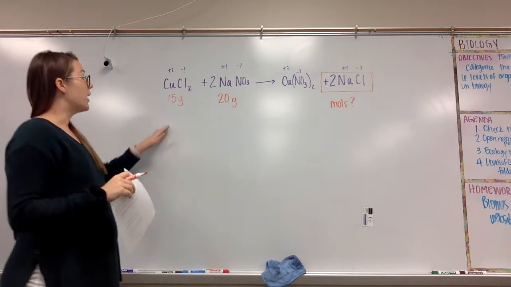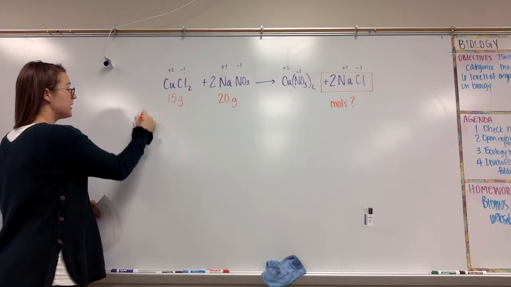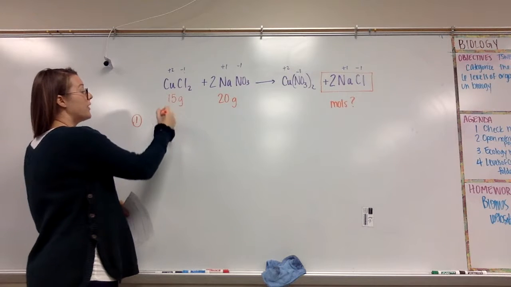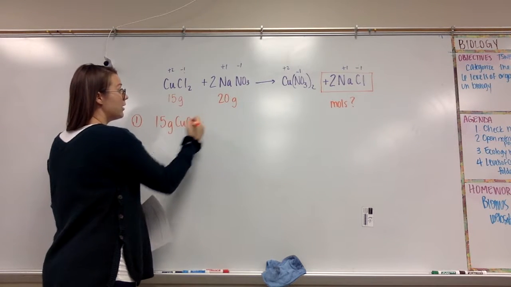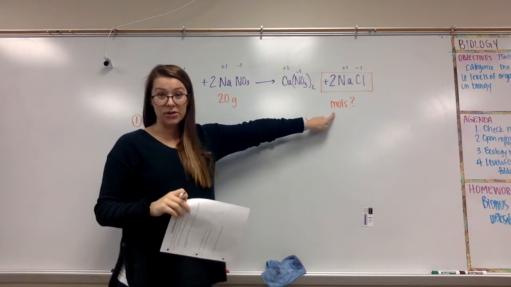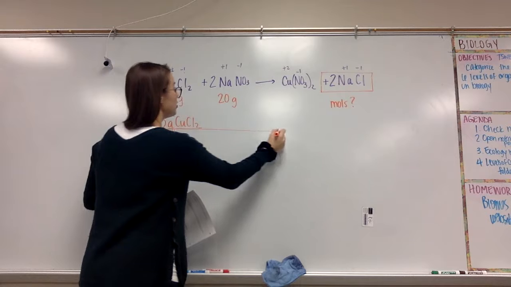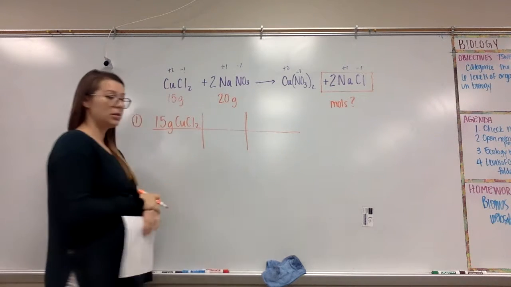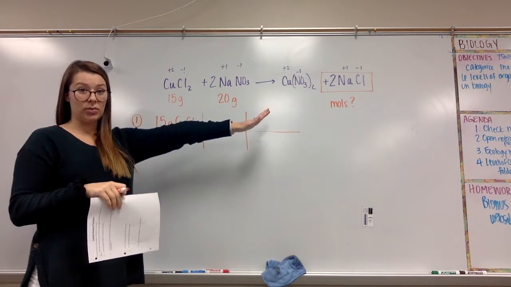For this one, my first Stoich problem for this example is going to go from 15 grams of copper 2 chloride to moles of sodium chloride, okay? So with this, I'm going to do a grams to moles problem, and that's going to take me to moles of sodium chloride.